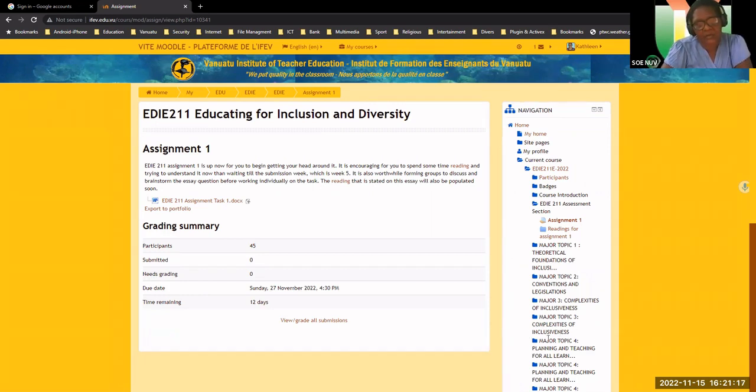So these are the 12 areas to focus on. When you are writing your assignments, please always reflect, always go back, consult the marking criteria so you are not going offline. Okay, so that's our assignment.